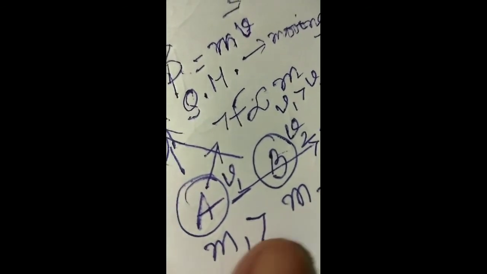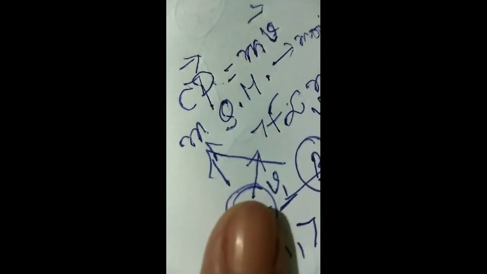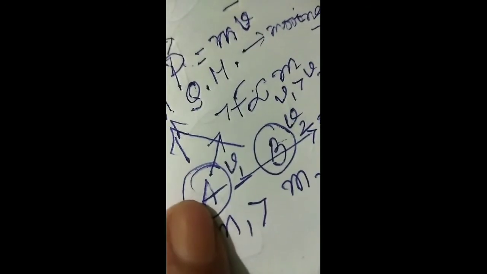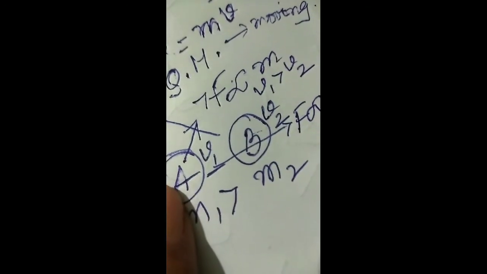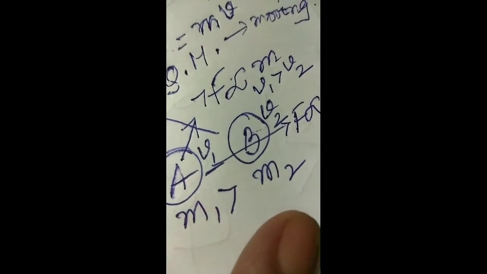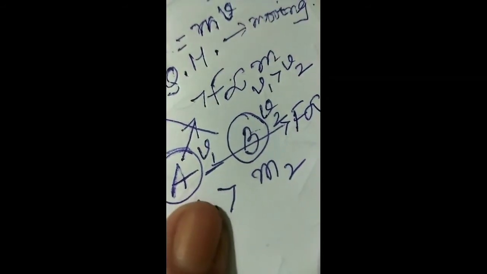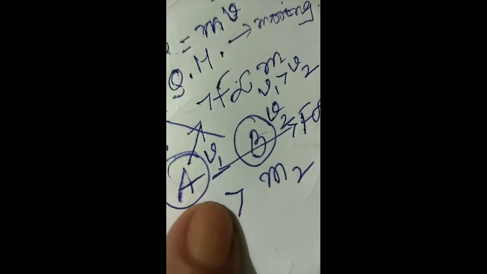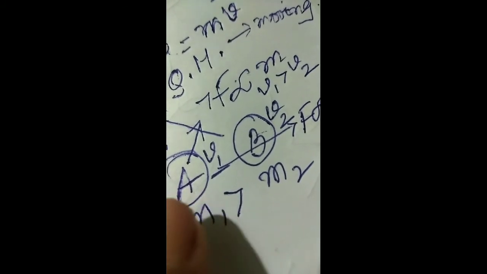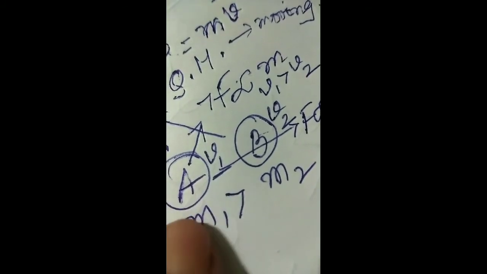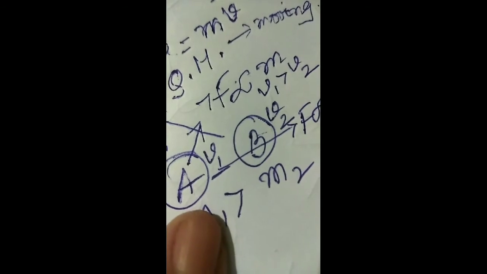Suppose both have the same mass m, but they are moving with different velocities: body A is moving with v1 and body B with v2, where v1 is greater than v2. To stop these balls moving with different velocities, the fast moving ball A requires more force to stop.